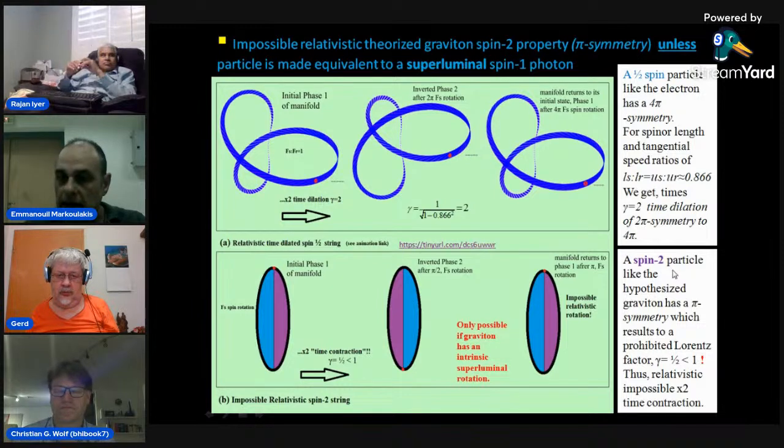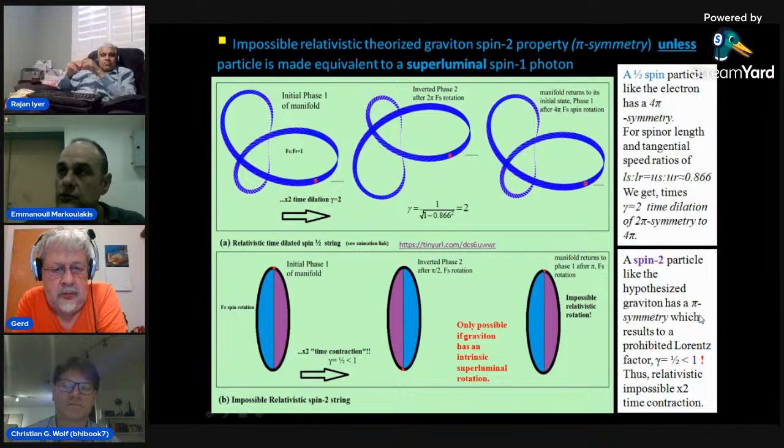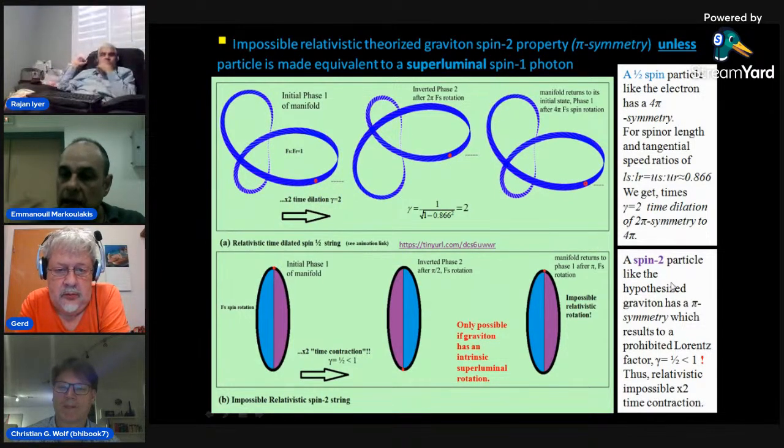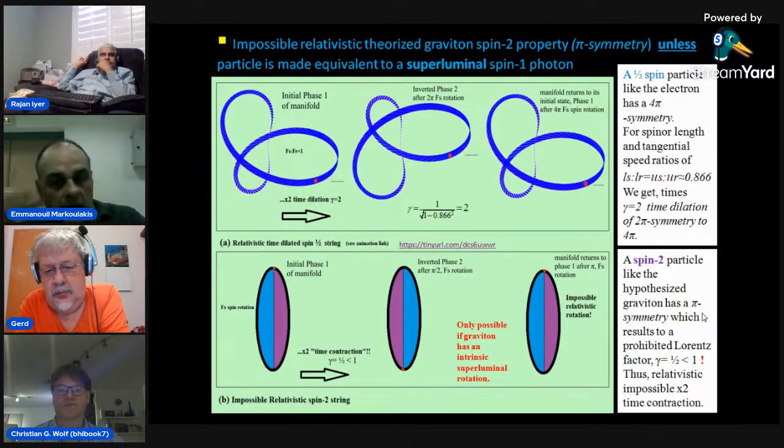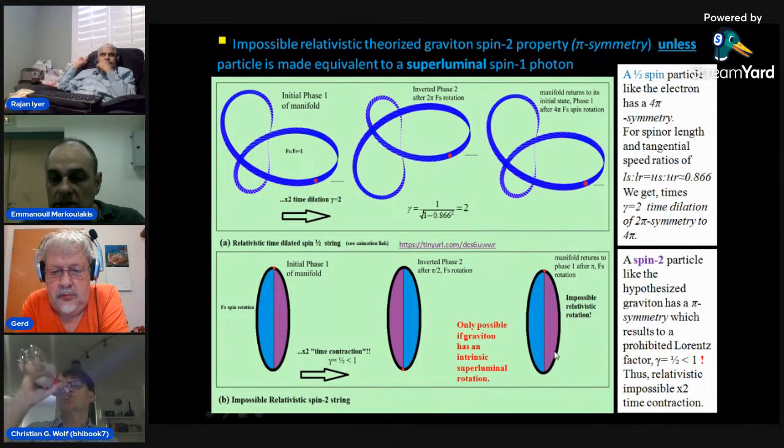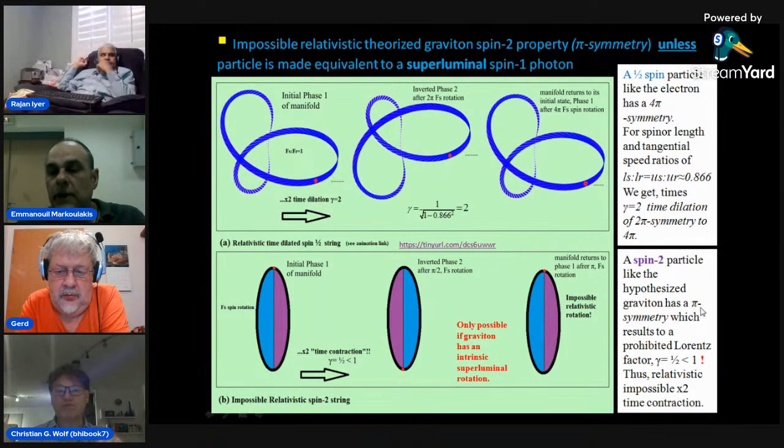because the spin 2 particle is expected to have a 4 pi symmetry. So the half spin has a 4 pi symmetry. Correspondingly, the spin 2 particle is expected to have a pi symmetry. This is not my saying; it's written in the literature. Okay, so what does the pi symmetry mean?